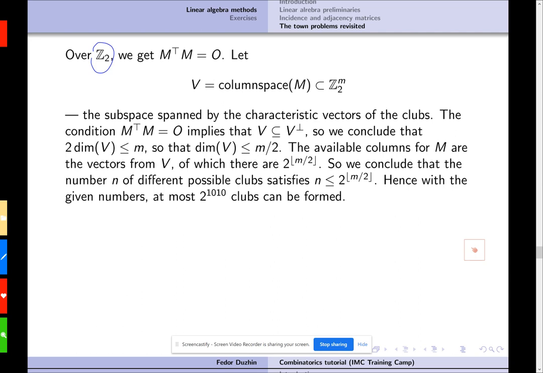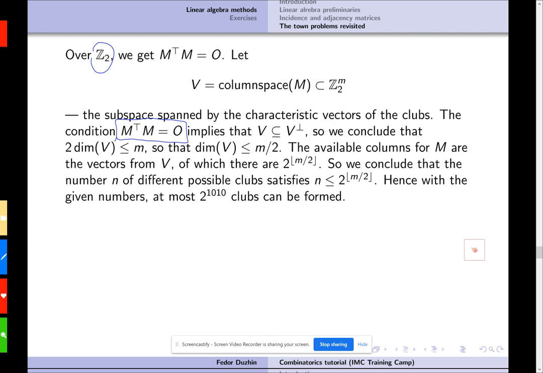Well, but then if you think about it, this condition that M transpose times M is zero implies that the orthogonal complement to the column space of M contains the column space itself.